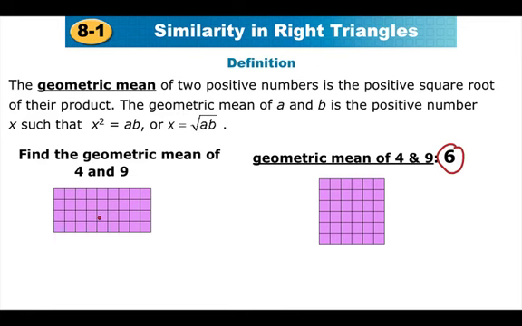That's basically what the geometric mean is representing geometrically. The area of this is 36, and the area of this is also 36. Okay? Let's move on to the next slide. I can clarify this in class if you like. Just ask. Let's move on to the next slide.